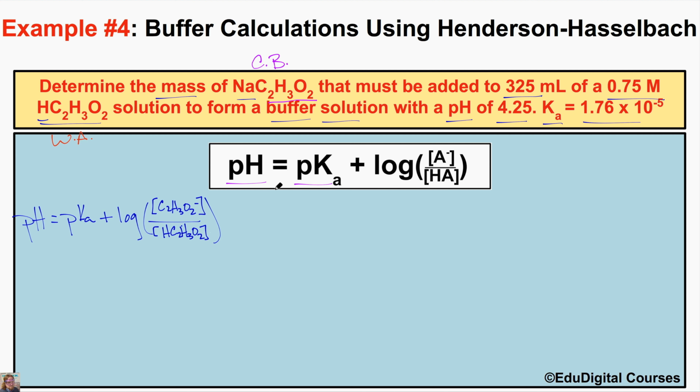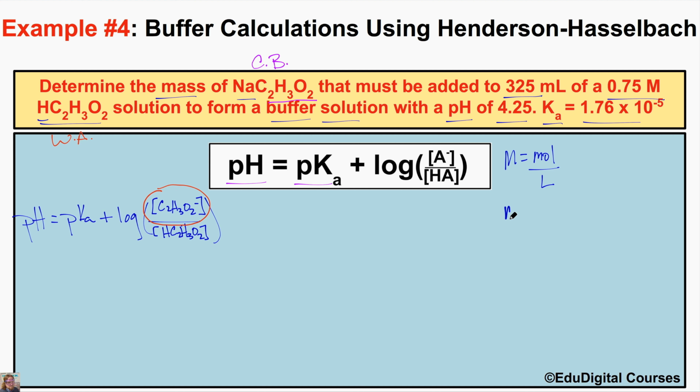So what we're asked to figure out is the mass of our NaC2H3O2, and so to figure out the mass of our NaC2H3O2, we should probably first figure out the concentration of C2H3O2-. If you keep in mind the molarity formula, molarity equals moles per liter. And so what we can then do is manipulate this formula to figure out the number of moles.